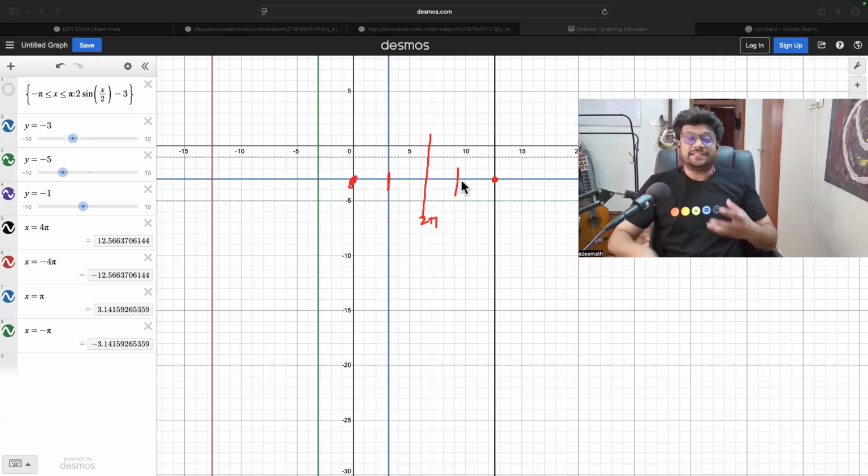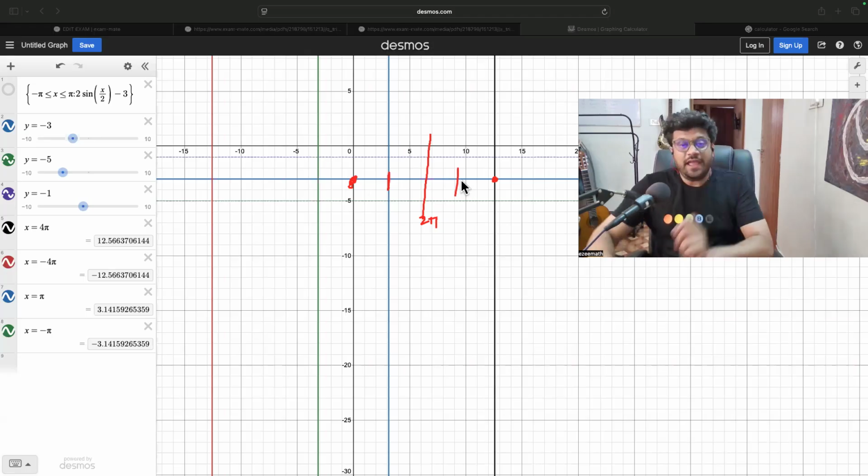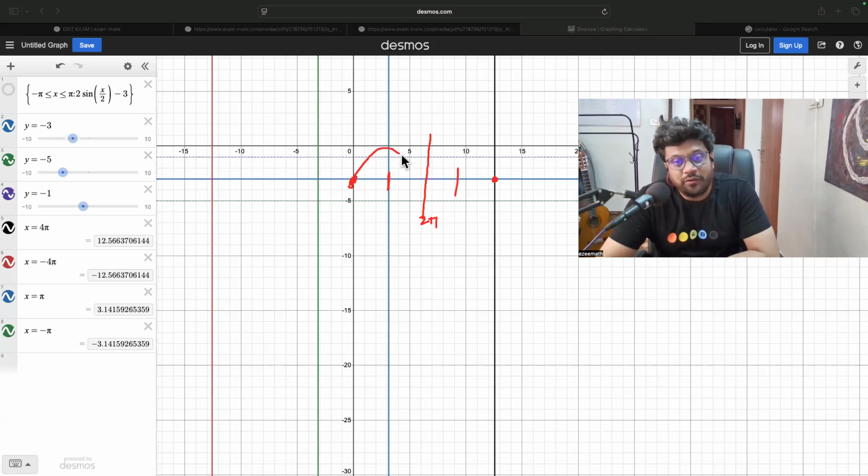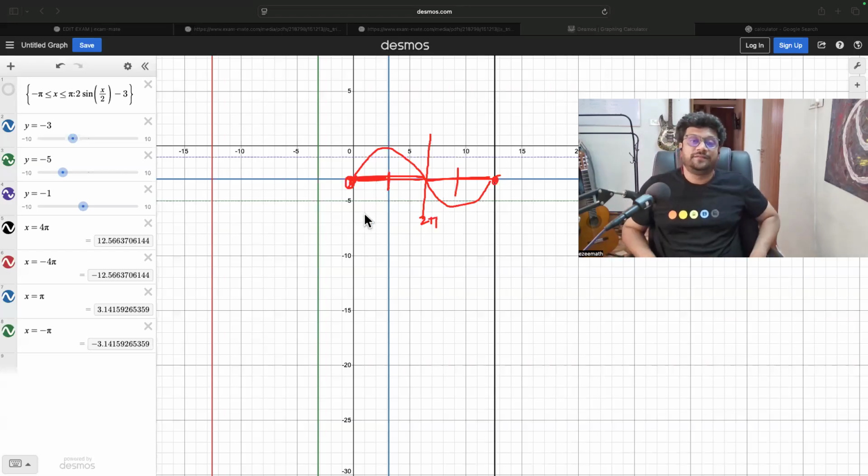The point is, these curves are highly symmetrical. If there's one whole wave between 0 and 4 pi, there's going to be half of it between 0 and 2 pi, and 1/4 of it between 0 and pi. What a nice concept.